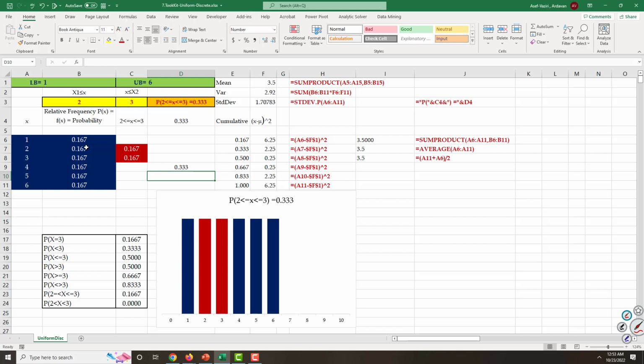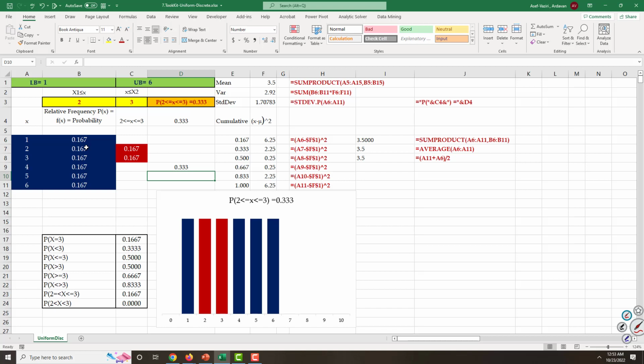Probability of x less than 3 and greater than 2, that probability is 0 because there is nothing between 2 and 3. If we don't want it to be 3 but less than 3, and we don't want it to be 2 but greater than 2, that probability is 0.